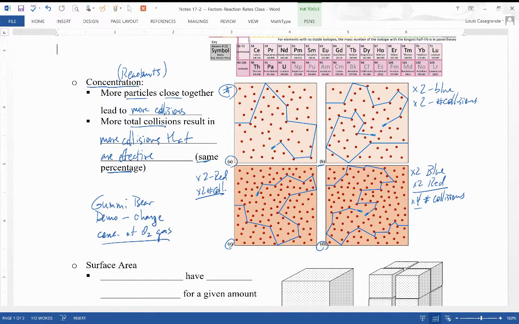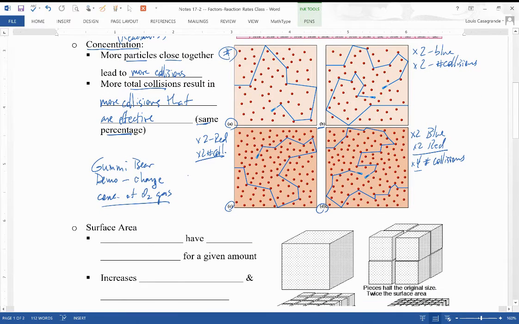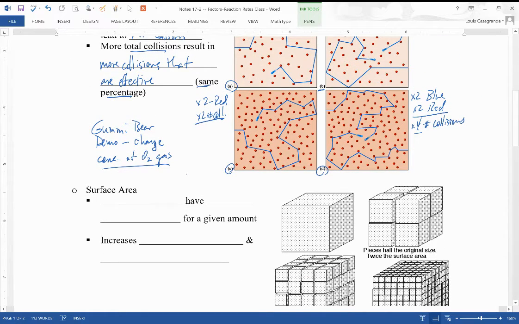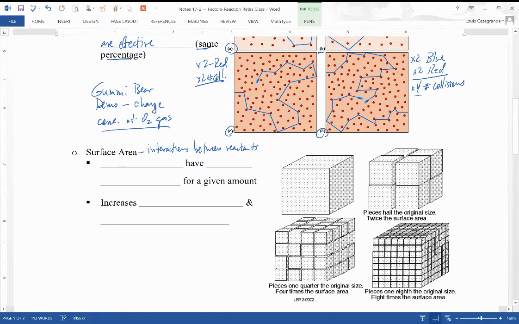Now, another thing you can do to change the reaction rate is to increase the surface area. So surface area tells you the interactions between the reactants. And we saw this back in dissolving as well, where we saw a very similar process going on. So if we start off with this cube, and let's call that number 1.